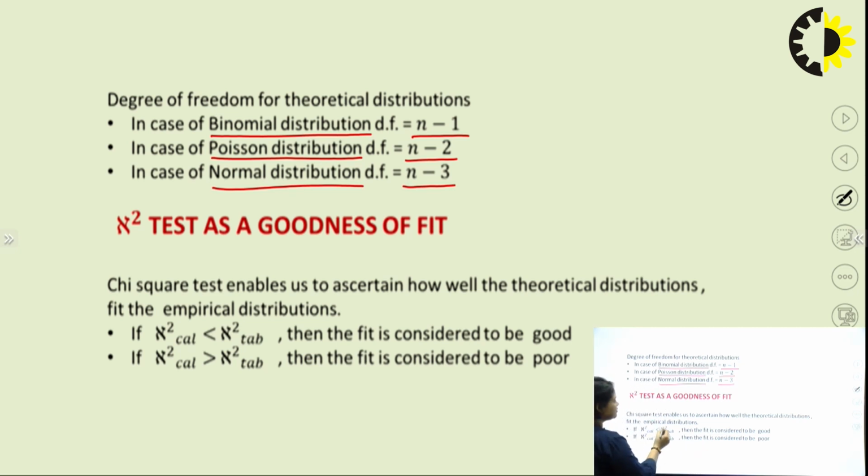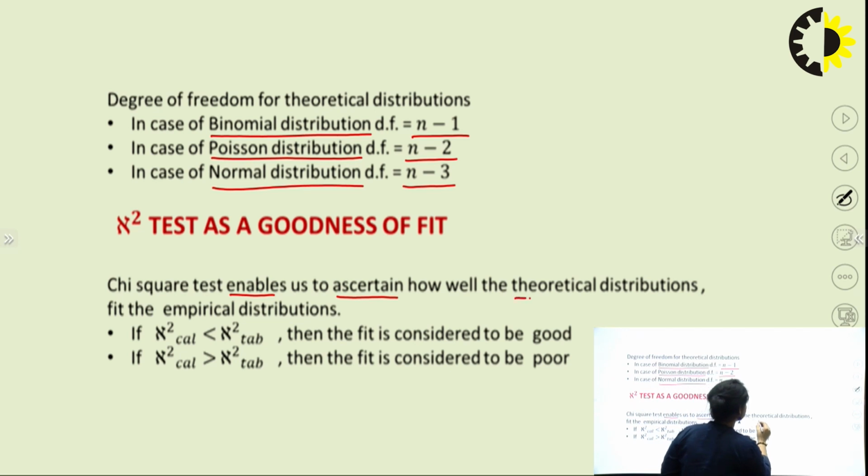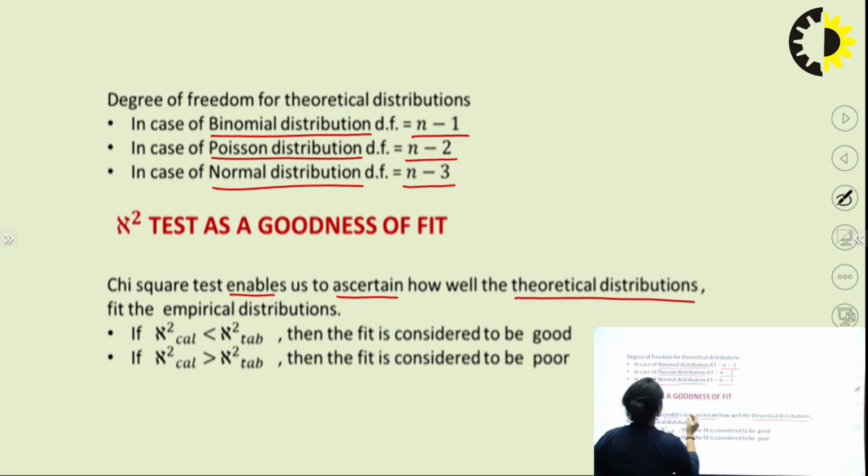Chi-square test basically enables us to ascertain how well the theoretical distributions, meaning Poisson, binomial and normal, fit the empirical distributions. So whatever theoretical values we have by calculation, whether the actual values come out nearby, or whether the distribution we are fitting is good enough to be fitted, we can check with the help of chi-square.